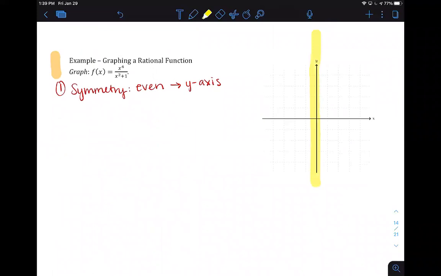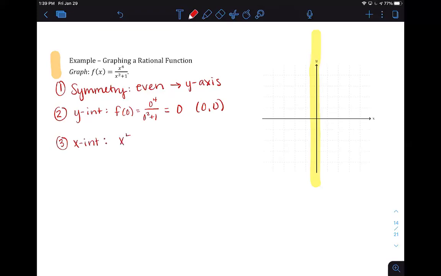There. Okay. Next, we need to find our y-intercept. So if we find f(0), we get 0 to the 4th over 0 squared plus 1. Well, what does that equal? 0. Third step, we need to find our x-intercept by setting our numerator equal to 0.